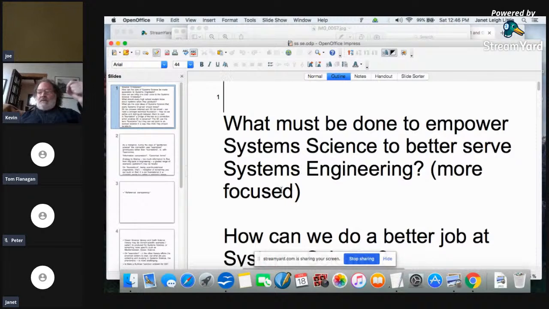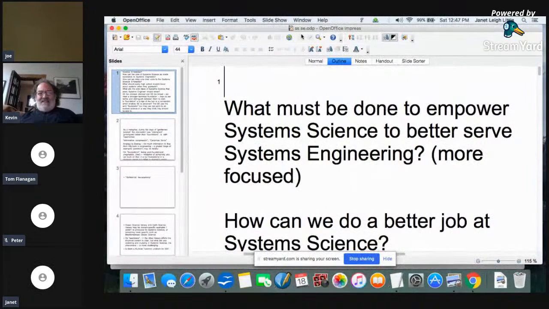So, Kevin, in both cases, what you brought up on the ocean literacy curriculum structure, I think it would be really fruitful for systems literacy. And the system science, systems engineering question is sort of systems literacy for systems engineers.